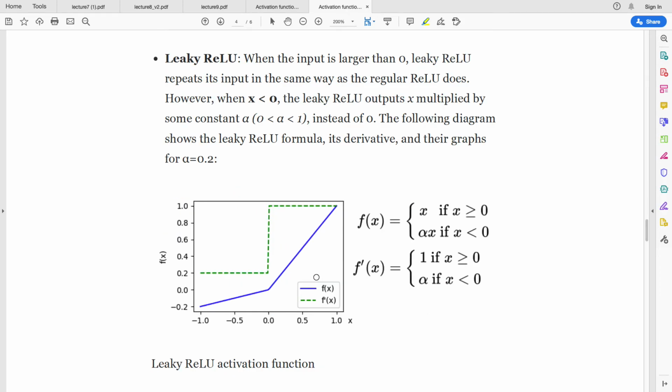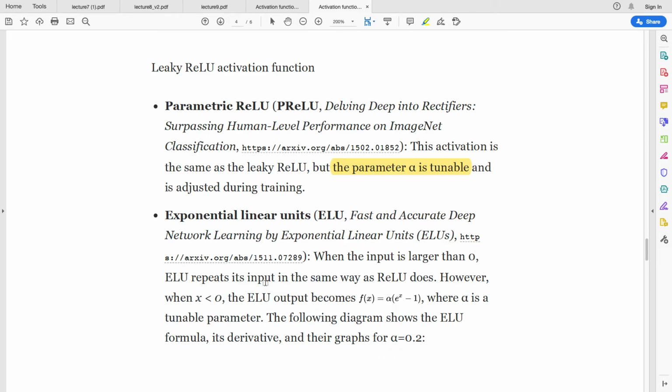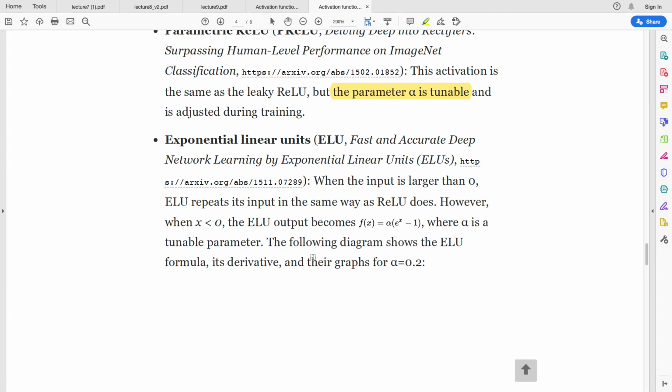We mentioned leaky ReLU, that is when you have a parameter that is always between 0 and 1. Parametric ReLU, we're talking about learning the parameter, which we mentioned before. You also have the ELU, which we also mentioned before, is a bit complicated because you have to use the exponential.